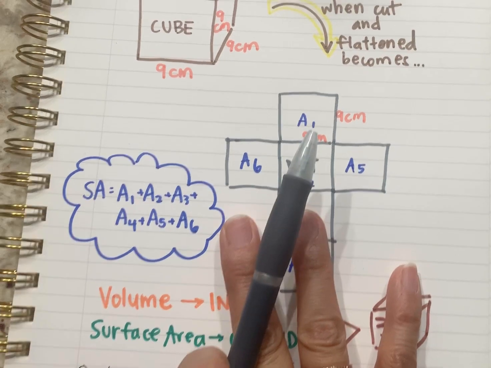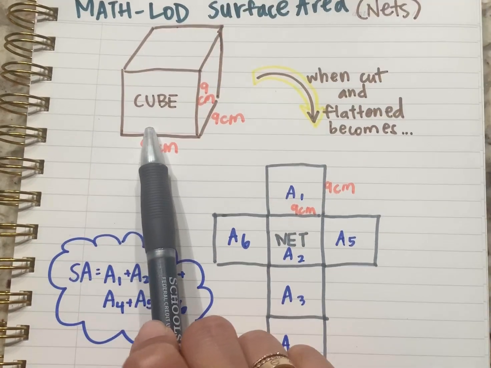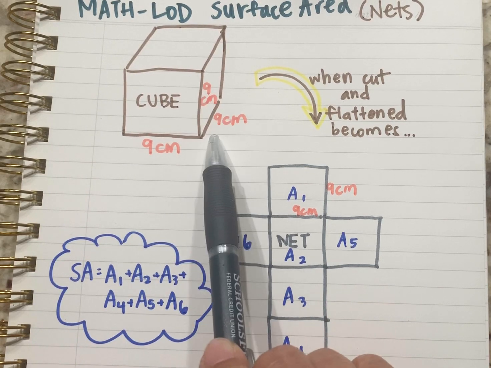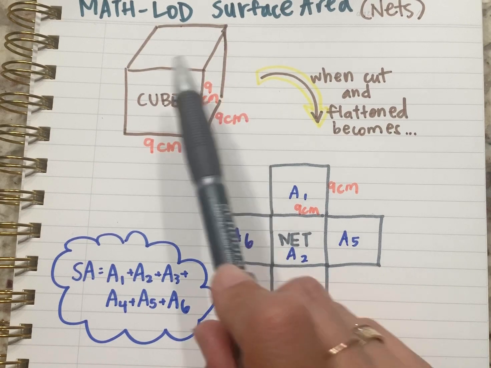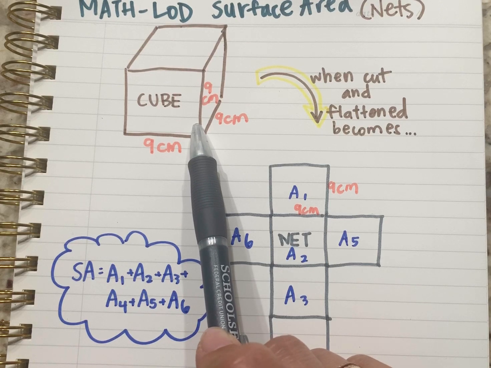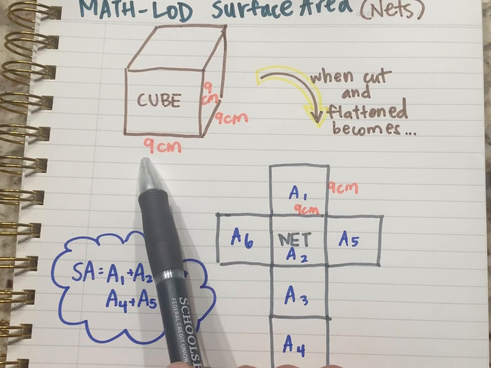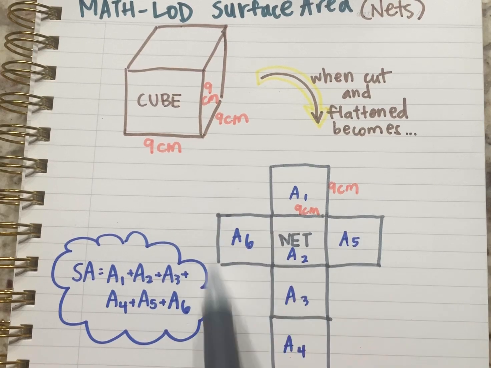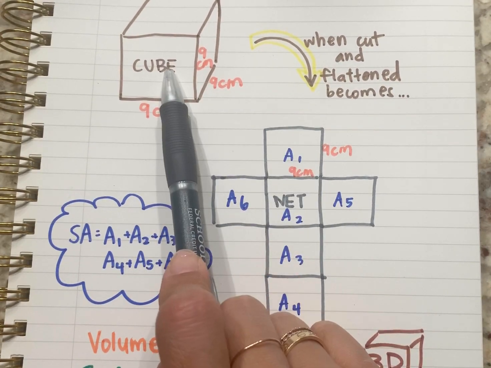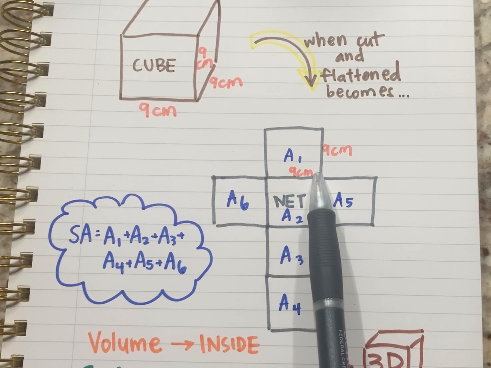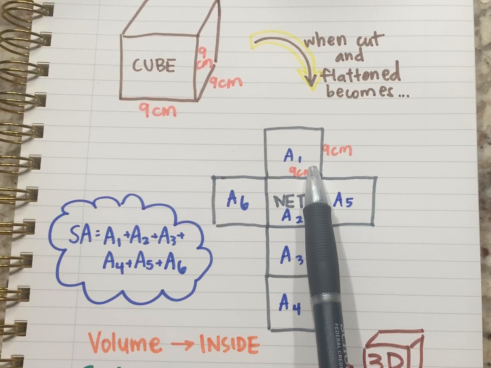Okay, so here, in my drawing of the cube, I showed you that the length is 9 centimeters, the width is 9 centimeters, and the height is 9 centimeters. They're all the same because each side is exactly the same because it's a cube. Because this net reflects that cube, I've also labeled this side 9 centimeters and this side 9 centimeters.